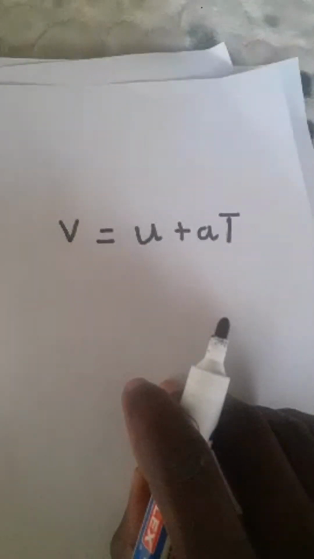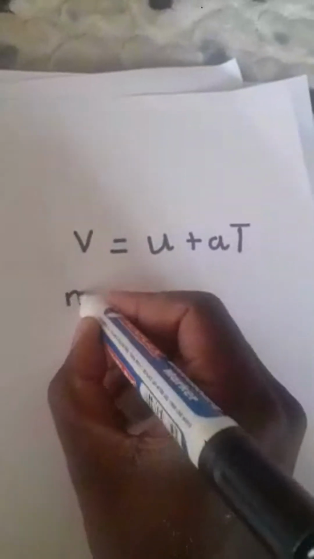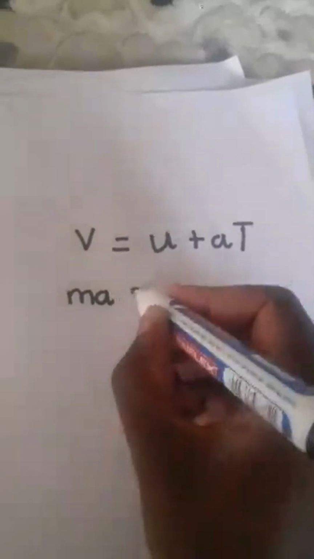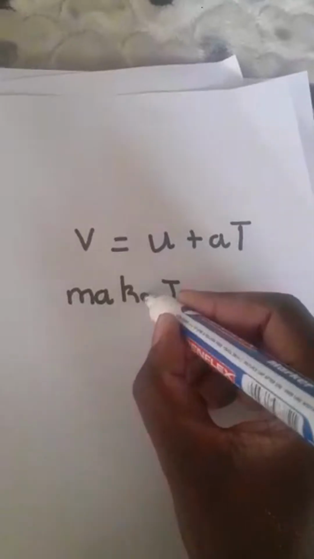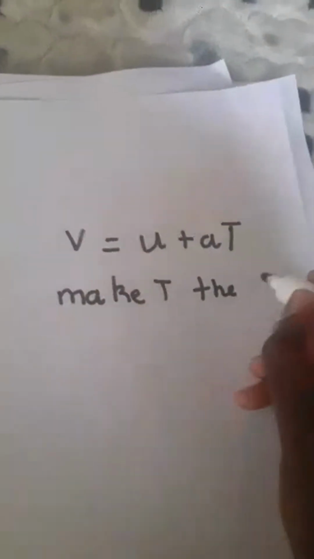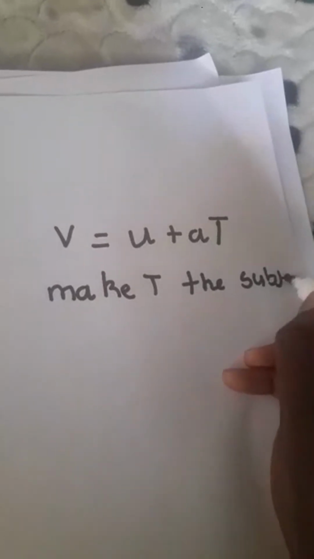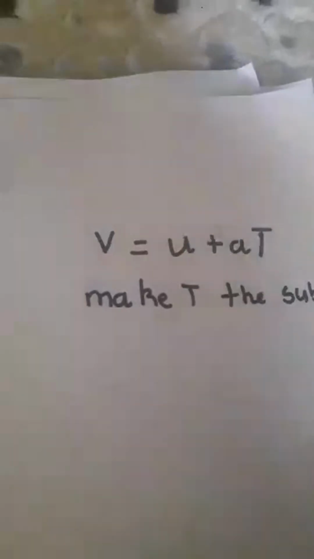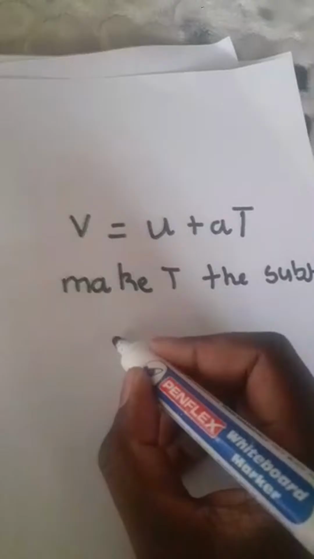So we are asked to make T the subject of the formula. Let's make T the subject. Let's make T the subject of the formula. All right, it's very simple, guys. So what are we going to do?